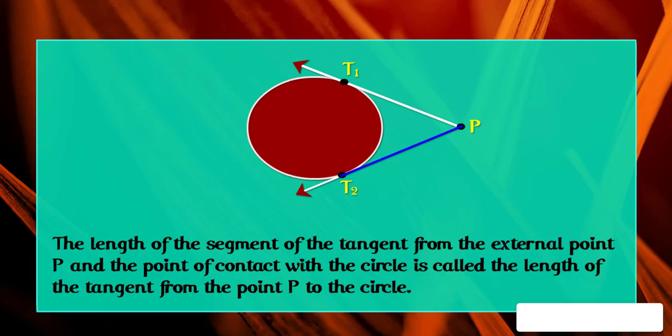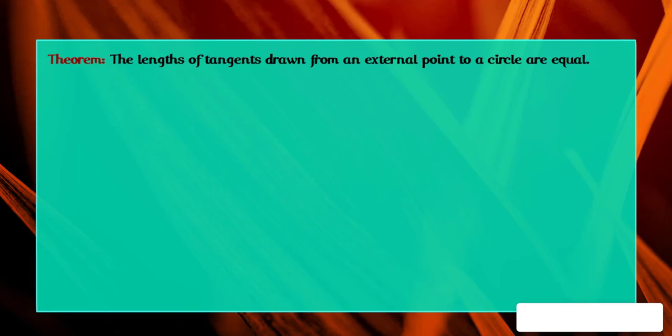PT1 and PT2 are the lengths of the tangents from P to the circle. The lengths PT1 and PT2 have a common property. Let us see in this theorem.